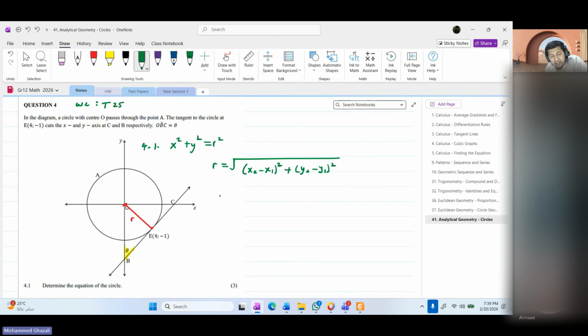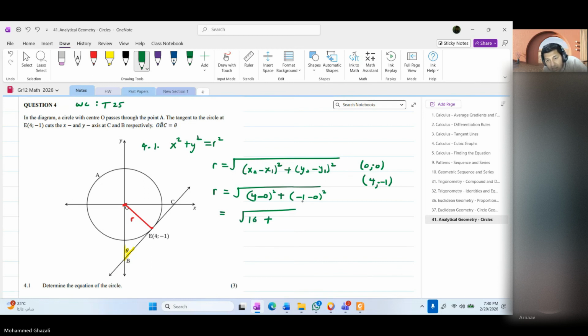We got 0, 0, one coordinate, and we have another coordinate, which is 4 and -1. So we take 4 minus 0 squared plus -1 minus 0 squared. So it's just basically square root of 16 plus 1, square root of 17.